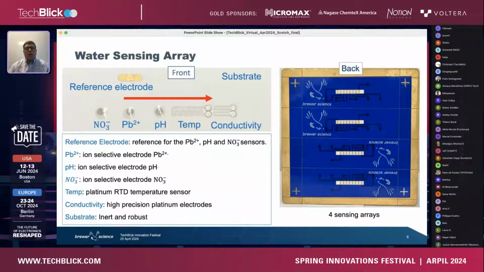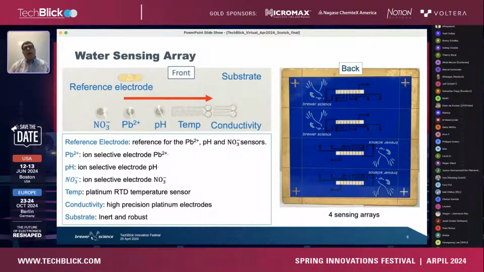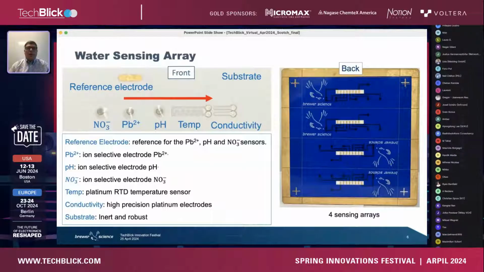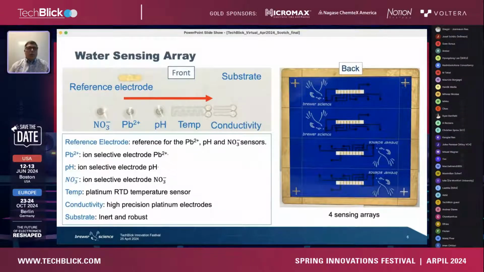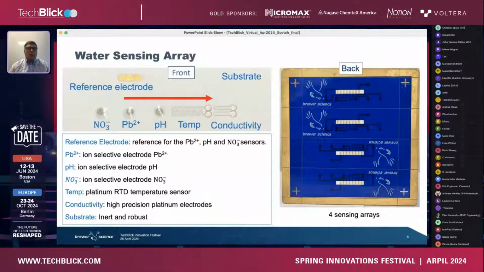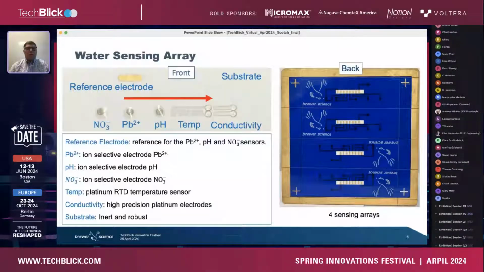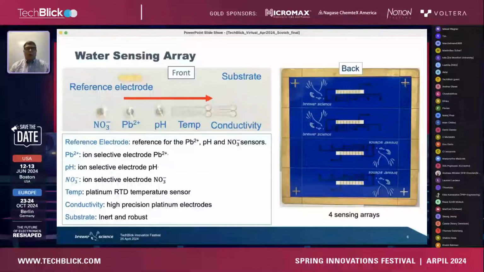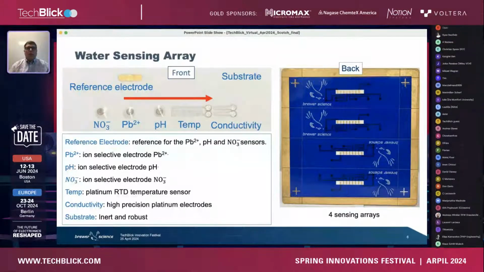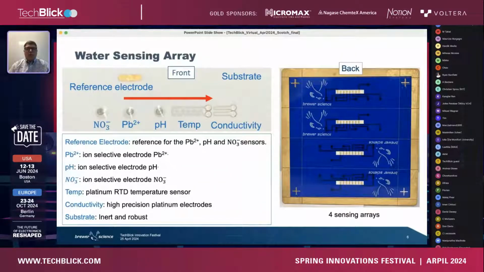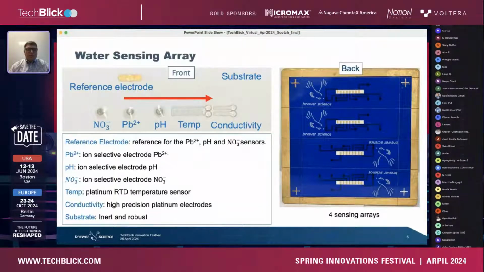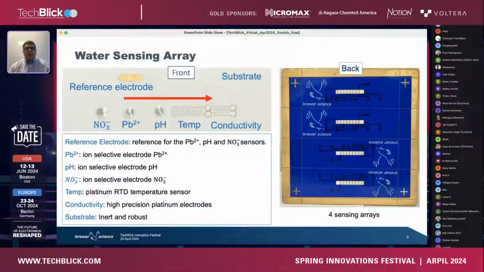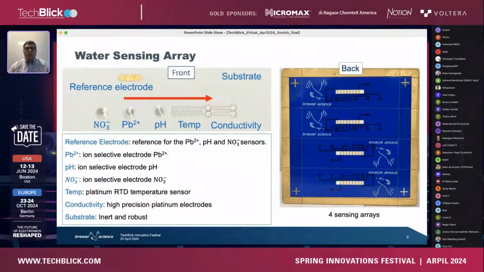Each electrode can measure an individual analyte that we're interested in measuring. So, for example, we can measure nitrate or dissolved lead in our water, or measure pH. We automatically measure temperature and conductivity, that is ionic conductivity, to allow us to compensate for some of our measurements through our algorithms. So this is really the core of our system.